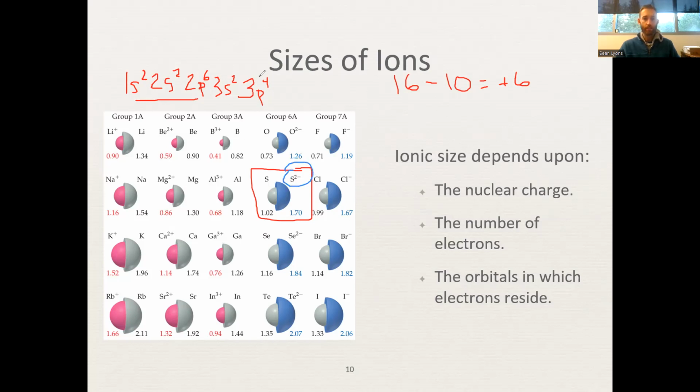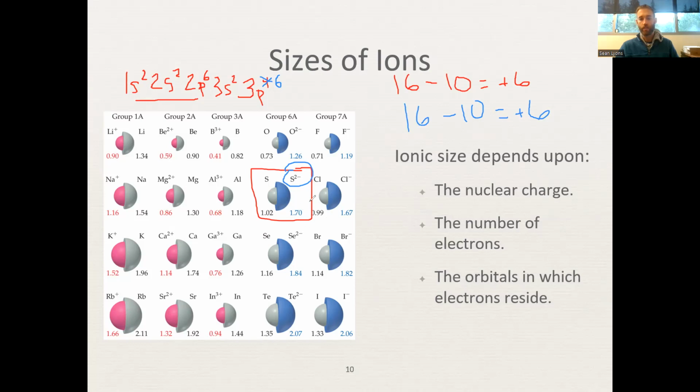But then when we look at the ion, what we're going to see is we no longer have 3p4. We've got 3p6. So when we look at the effective nuclear charge, it doesn't actually change in this case. But what we're going to see now is that because of the additional electrons, that repulsion is going to force them to spread out a little bit.